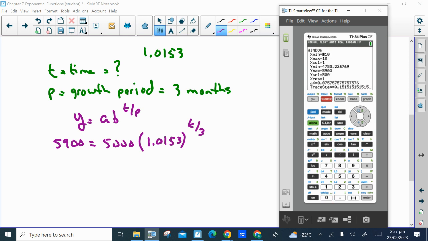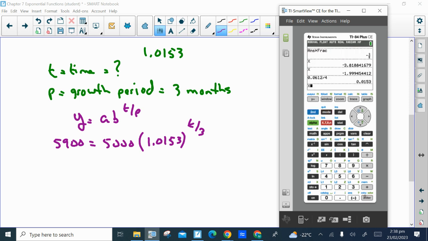We need to make our x max much larger. So let's change it to 50 and maybe change our scale to 10 on the x-axis. Remember, we need to see that point of intersection. Now we can. Second function trace, number 5 for intersect, enter, enter, enter. So the time is 32.701.